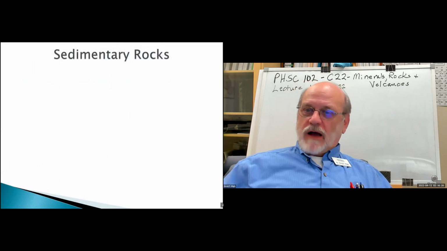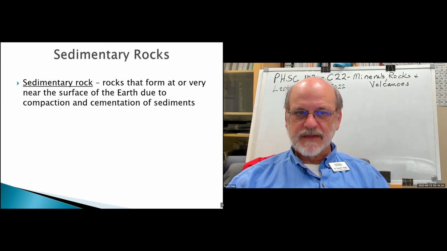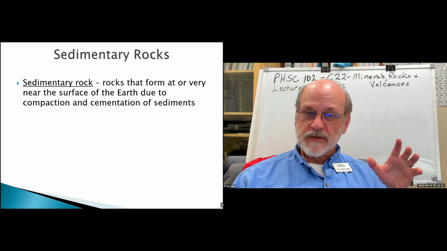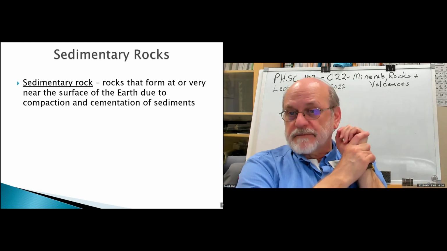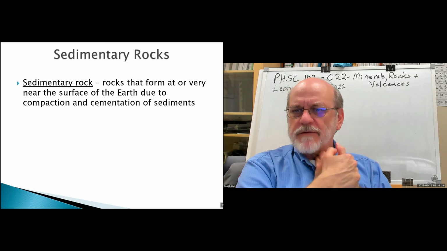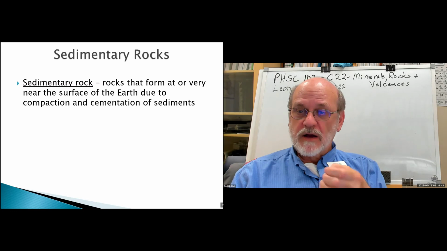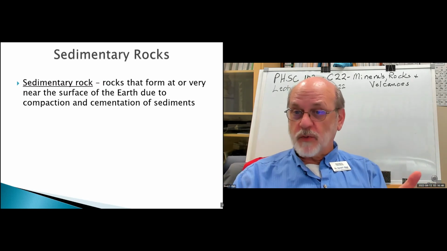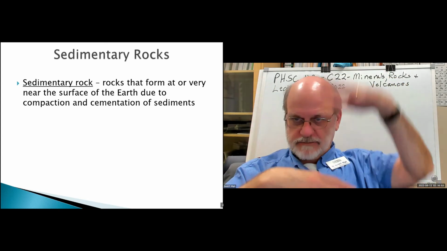Okay, the second type of rock forms from a process called sedimentation. Right? These sedimentary rocks are formed usually very near the surface of the earth, and very often, not always, but very often, the particles that form the sedimentary rock are transported with water. They can also be transported with wind, but they're deposited usually in layers.